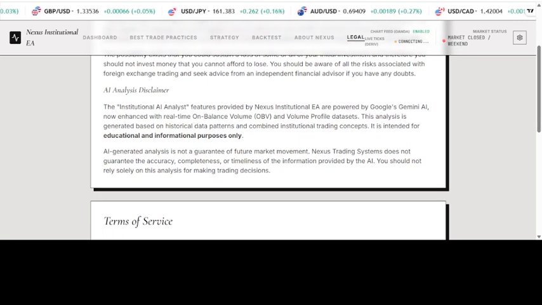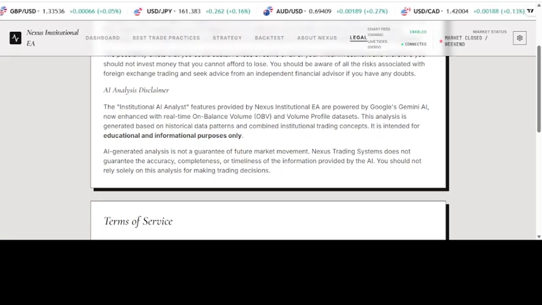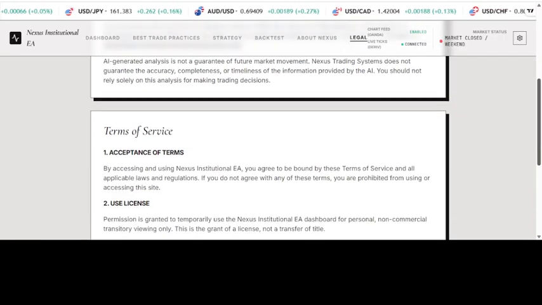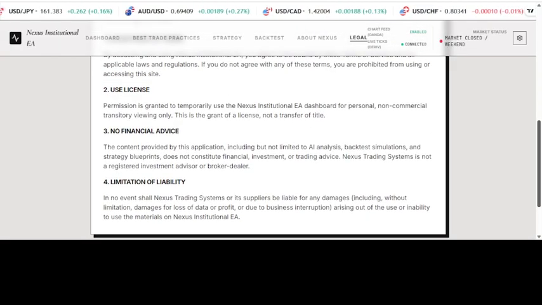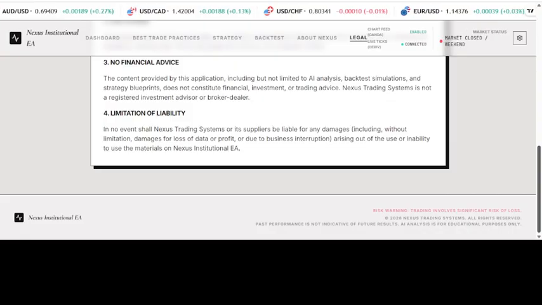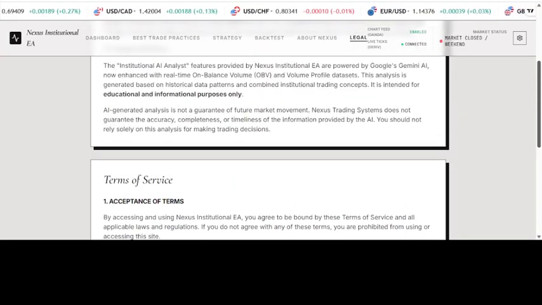There's also an AI analysis disclaimer here. There's a terms of service here. This is a general use license. When you buy the EA, this is not considered financial advice, and there's a limitation of liability. All the disclaimers that you would normally see in any EA here.